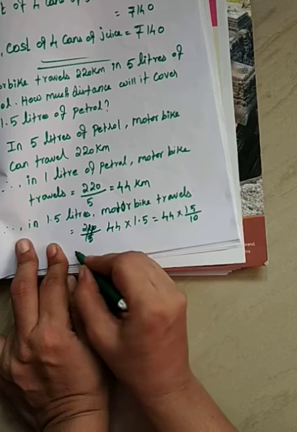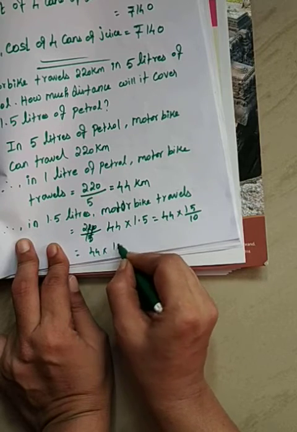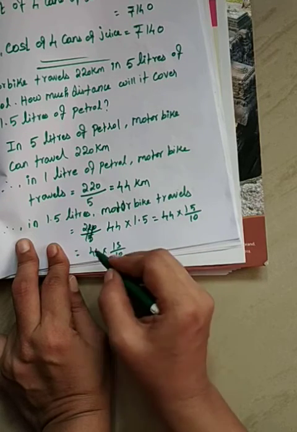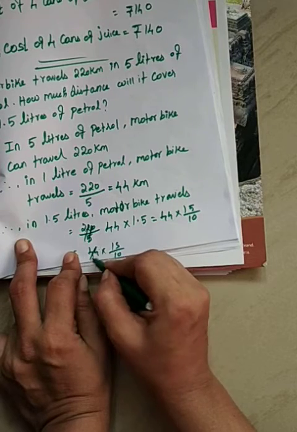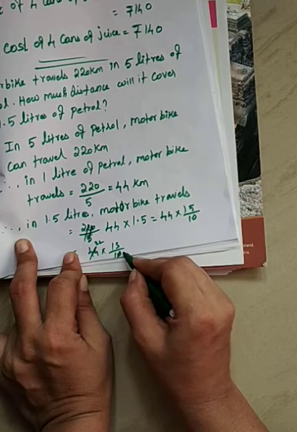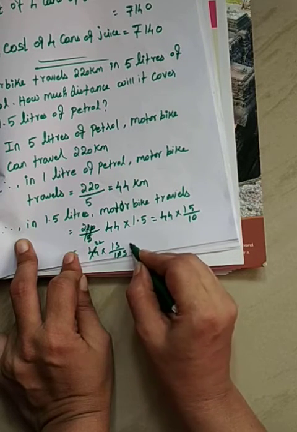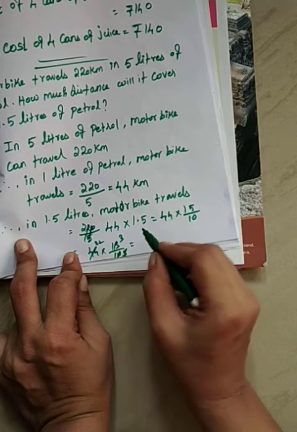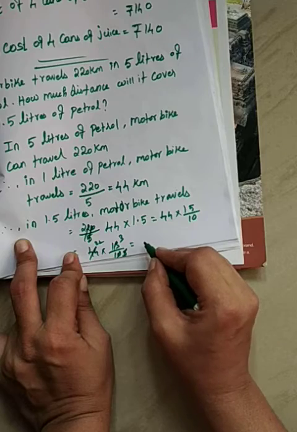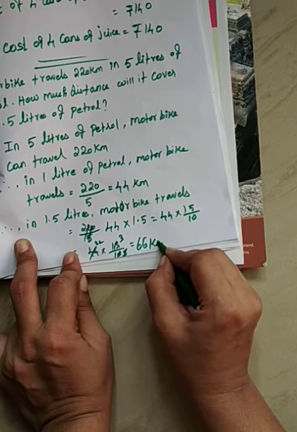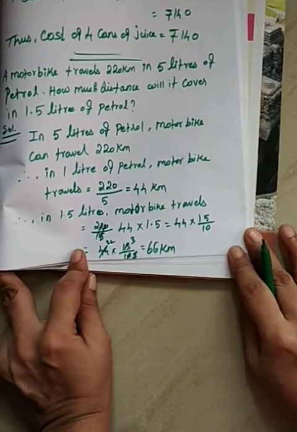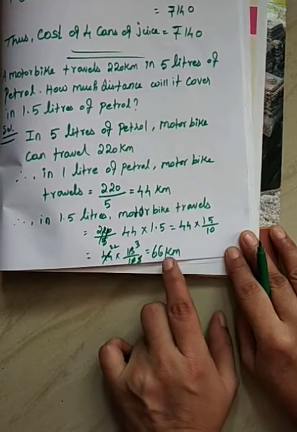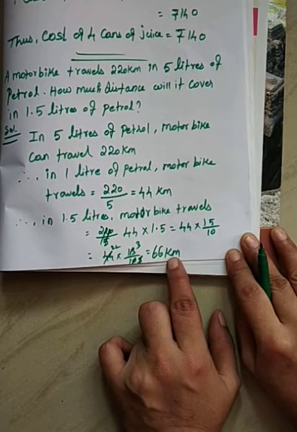See here, 44 into 15 by 10 means you will get, in this is 22, in that one is 5. Okay, see here 5 means in this 3. So 22 into 3 means you will get the answer is 66 kilometer. Thus, the motorbike can travel 66 kilometer in 1.5 liter of petrol.